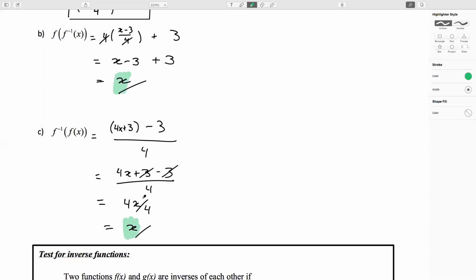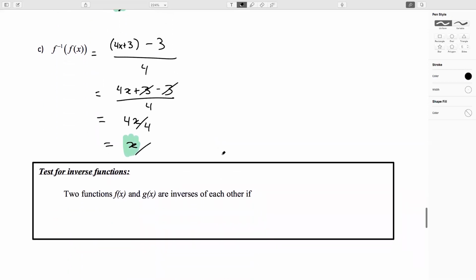Both of these equaled x. And that's the thing you need to check for. So we didn't really prove it, but we've kind of come up with a new strategy to test for inverses. So the two functions f of x and g of x are inverses if f of g of x equals g of f of x, which equals x.